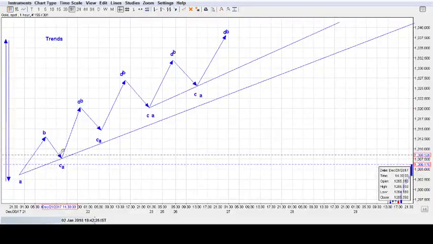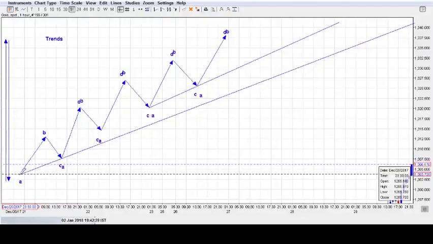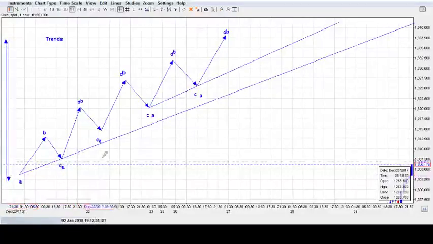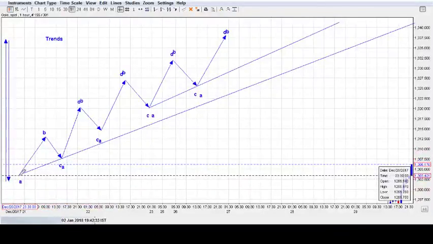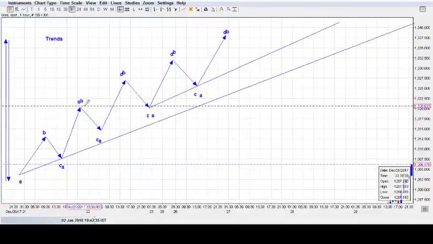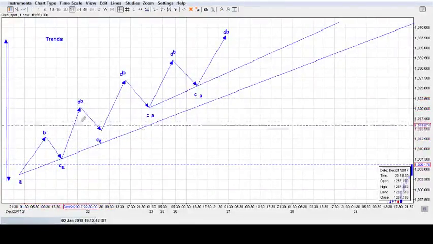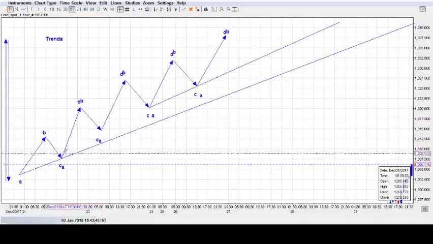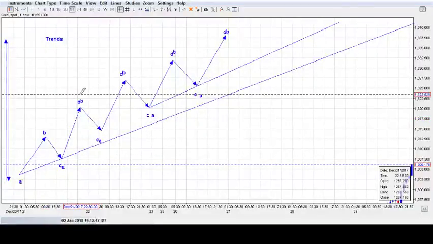In a simplified version, point C should not go below A. I repeat, point C should not go below point A, and D should be printed above B for the waves to be counted as an AB boundary. So, two main rules here: C should not drop below A, and D should be way above your B.